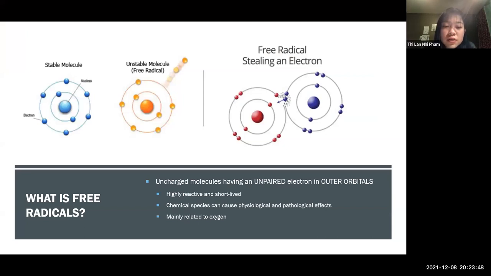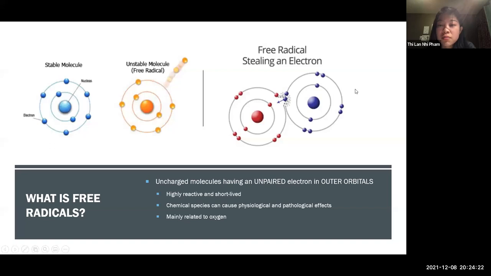Free radicals are uncharged molecules having an unpaired electron in the outer orbitals. As you can tell right here, we have a very stable molecule, and when it loses an electron, it becomes very unstable, and we call it a free radical. When it loses an electron, it's hungry to steal an electron from the neighbor atoms, making the neighbor atoms become unstable molecules, and then those molecules are going to steal an electron from their neighbor atoms as well.